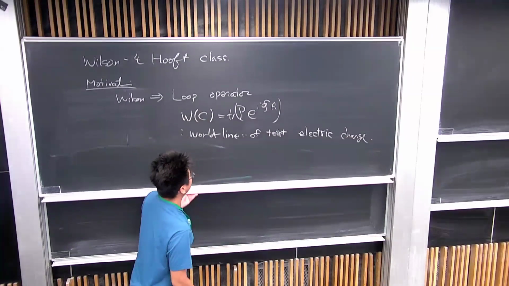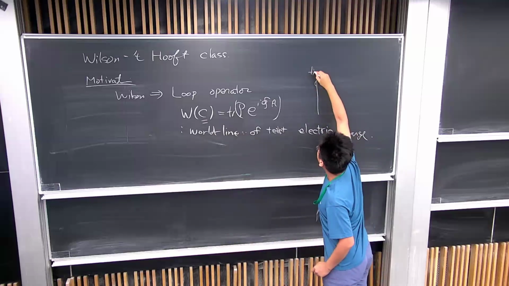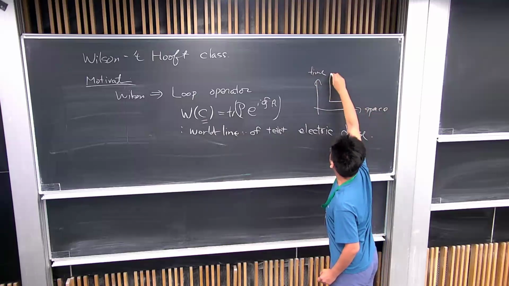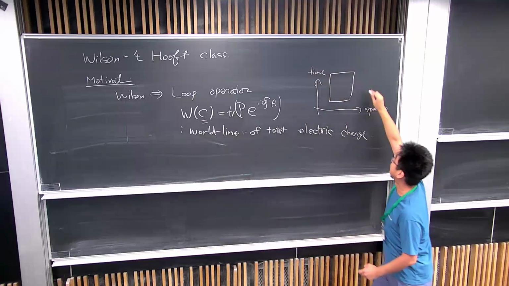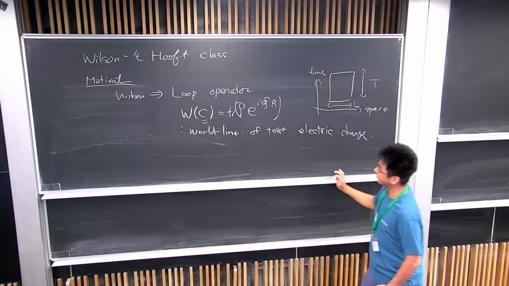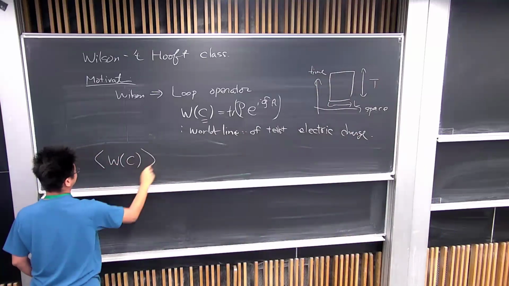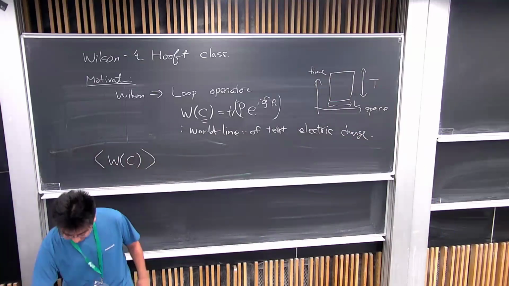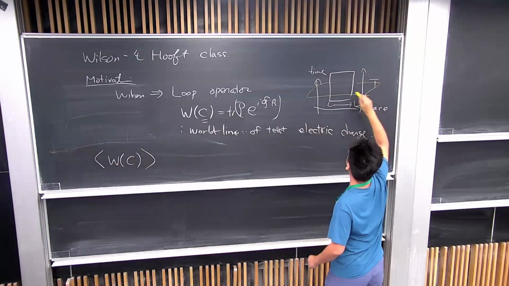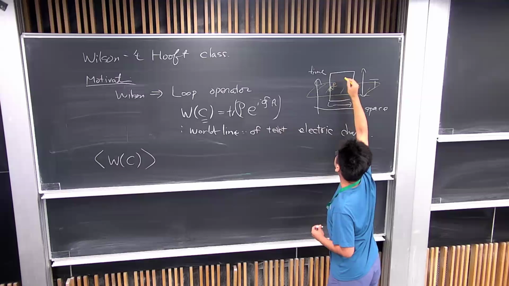Let's assume that this loop C takes the form of, say, a rectangle, where this is imaginary time and this is one of the coordinates of space, with length T and length L in the horizontal direction. If we compute the expectation value of this Wilson loop, then by cutting space-time with a constant time slice, there is one positive electric charge, E plus.